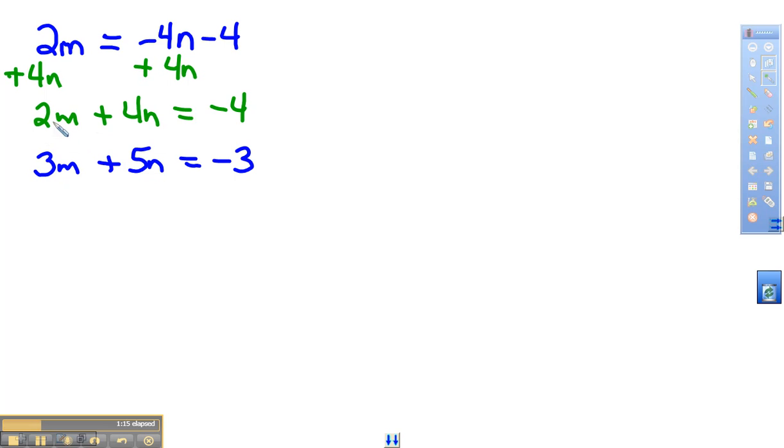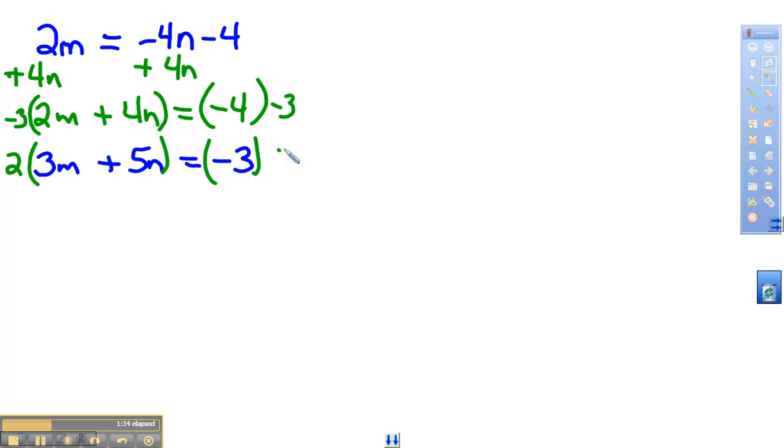So what I'm going to do is multiply the top equation times negative 3 and the bottom equation times a positive 2. And we will see what the result is.